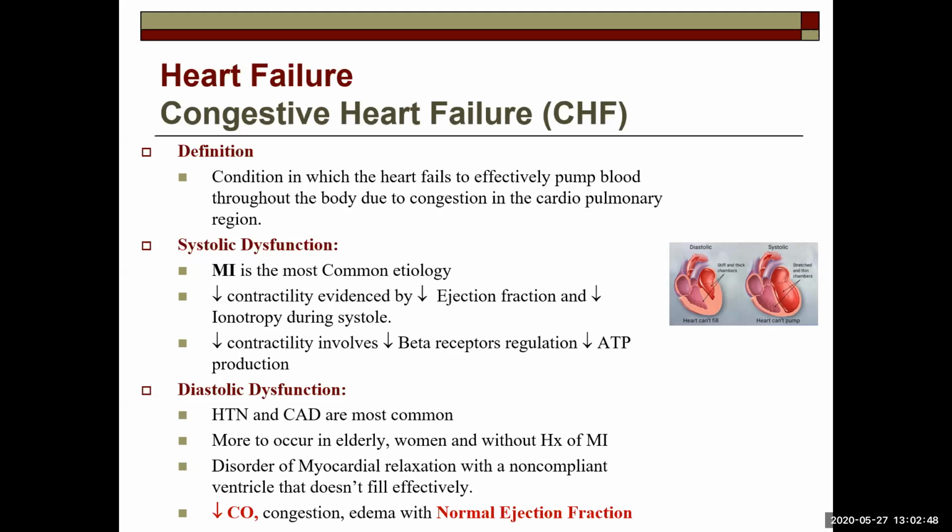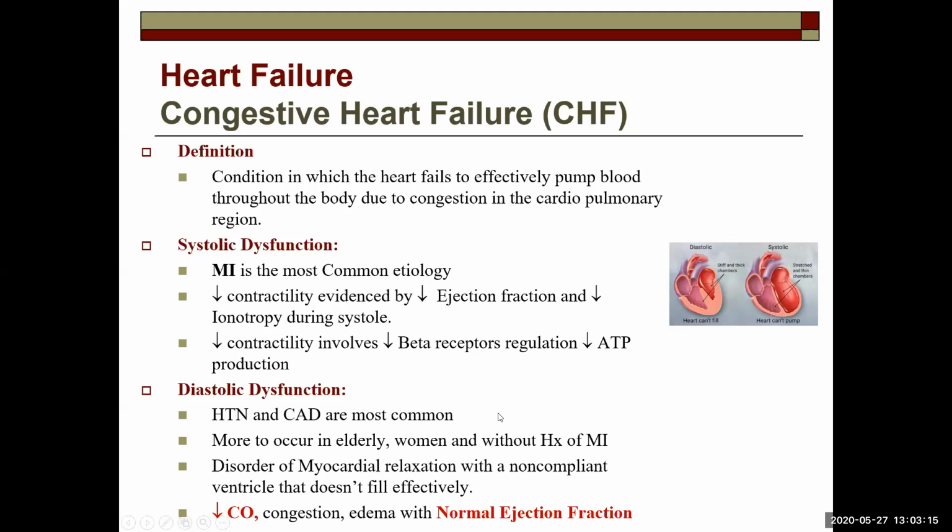And also decreased ATP production. We know you need ATP produced inside the cardiac muscles to give the muscle energy to contract. So when the beta receptors aren't working, you're not going to contract the muscle well, and you're not going to produce enough ATP within the muscle cells for it to contract.